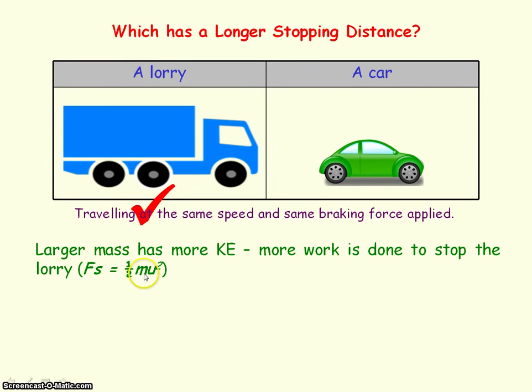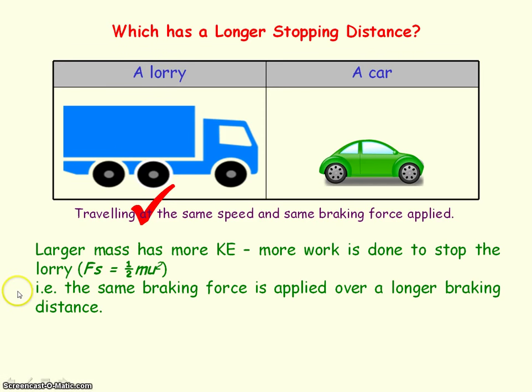So you can see for the same speed U and same braking force F, the braking distance will be proportional to the mass. So the same braking force will be applied over a longer braking distance for a larger loss in kinetic energy for the lorry.